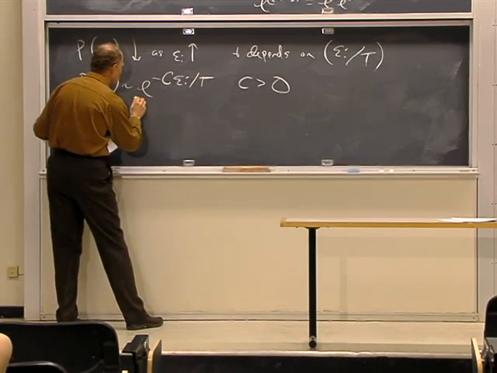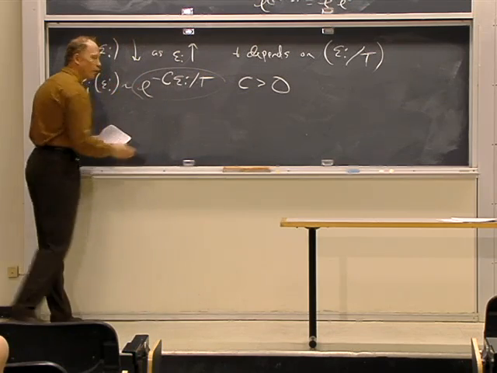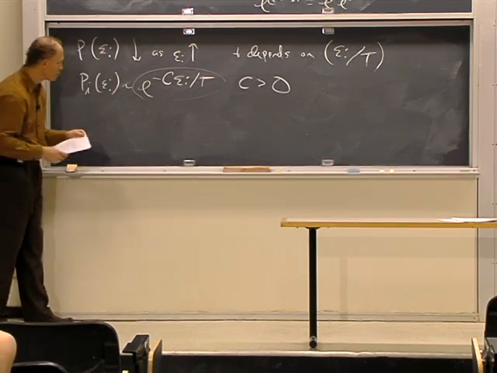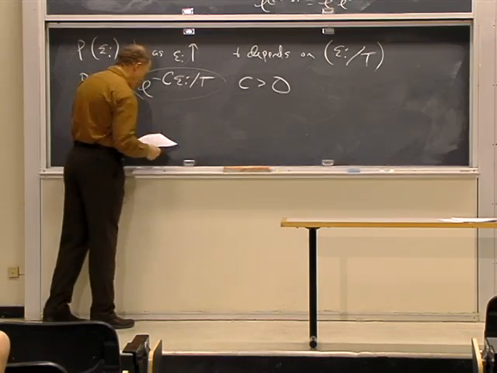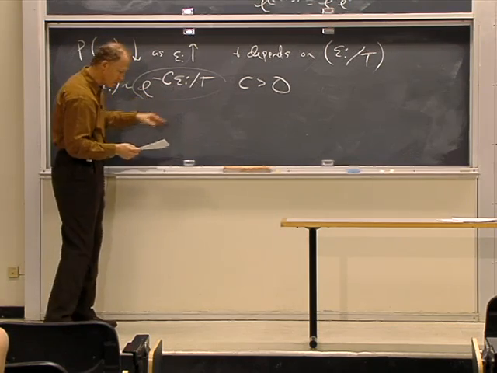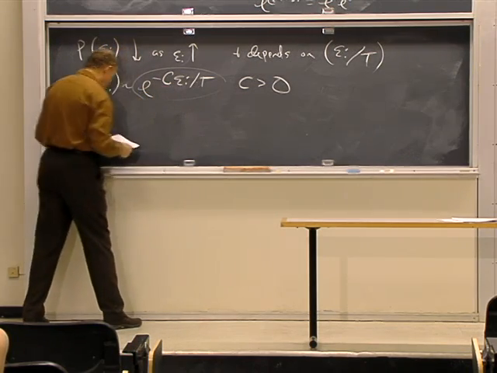Well, this is our functional form for probability of a molecule being in a state with energy EI. And the only difference between this and what's written conventionally is the way the constant is labeled.